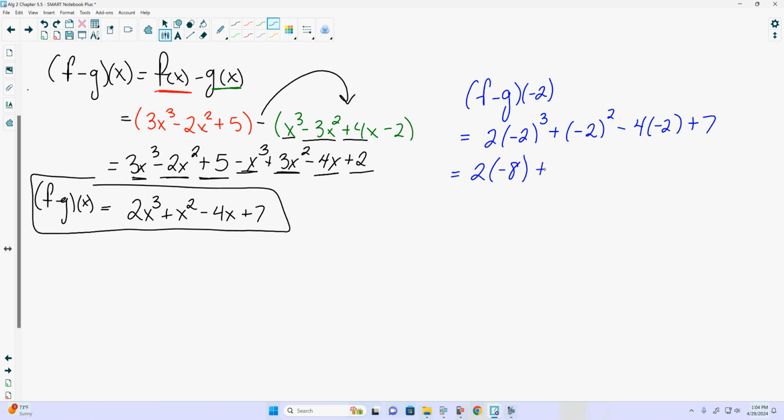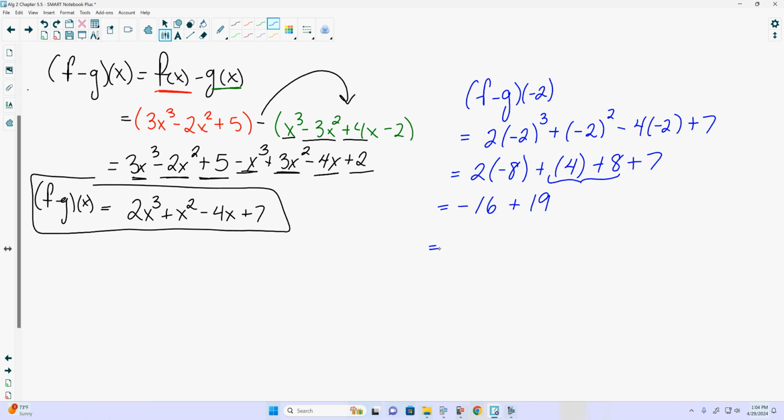Plus, negative 2 squared is actually positive 4. Now, if you didn't put the parentheses around the negative 2, when you put it in the calculator, it will tell you it's negative 4, because it's only going to square the 2, not the negative. Negative 4 times negative 2 is going to be plus 8, plus 7. Negative 2 times 8 is negative 16. 8 plus 4 is 12, plus 7 is 19.